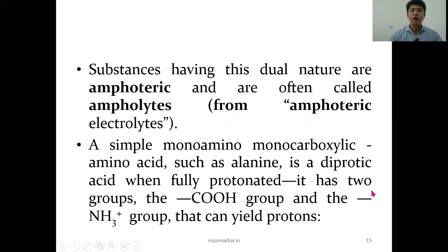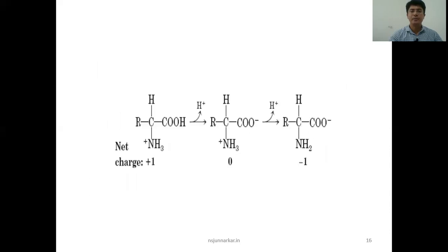A simple monocarboxylic amino acid such as alanine is a diprotic acid when fully protonated. It has two groups, the carboxyl group and the amino group, which can yield protons.